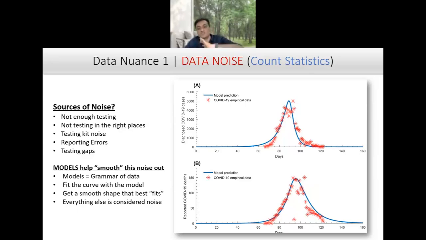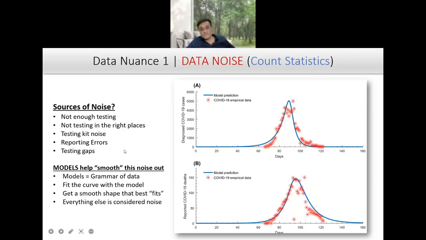So how much other parameters are affecting your data and adding noise to your profile of information, we need to keep in mind. On this particular slide, I have written that the amount of testing done may change your result. Not testing in the right places is also a kind of result which can generate false information. Testing kit noise, maybe the kit is faulty.